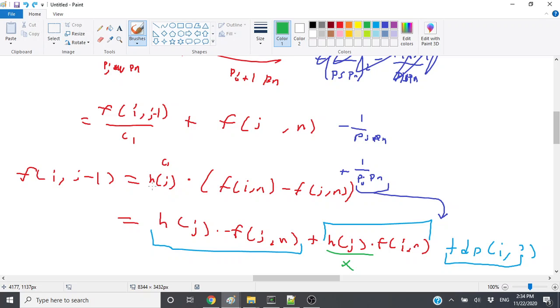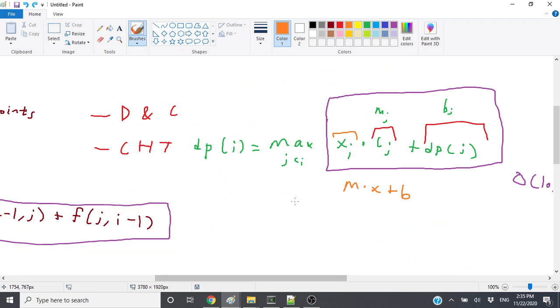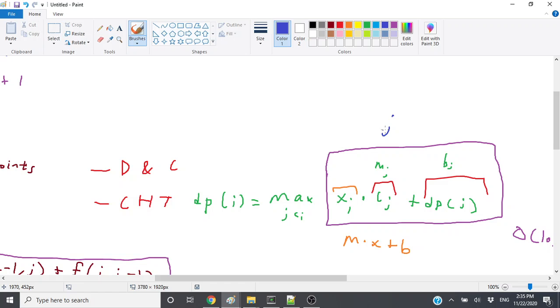Actually, no, I'm going to rewrite it, because I'm being kind of confusing with my notation here. In this notation, I'm going to make j be the previous value. j is the value that depends on the line, and i is the current value that we're solving for, which means, in a sense, it's constant. In the context of solving with the convex hull, i is a constant.